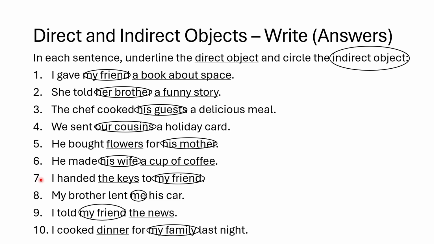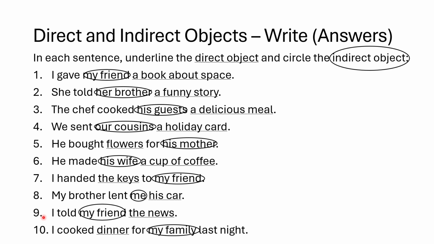7. I handed the keys to my friend. The keys is the direct object, and my friend is the indirect object. 8. My brother lent me his car. His car is the direct object, and me is the indirect object. 9.